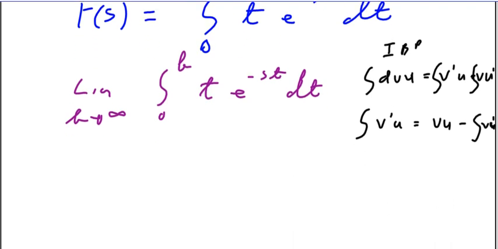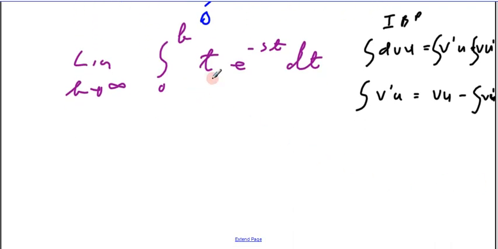So I remember that, and I say, well, okay, what do I have here? Well, if u is t, then u prime is 1. And if v prime is e to the minus st, then v is going to be minus e to the minus st divided by s.